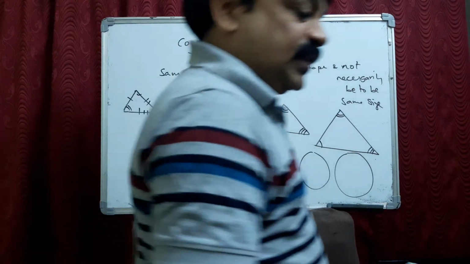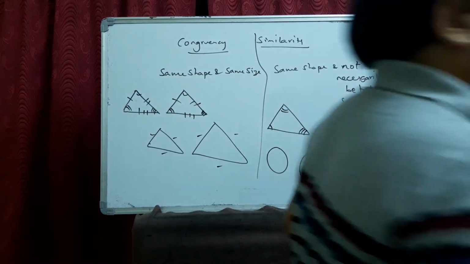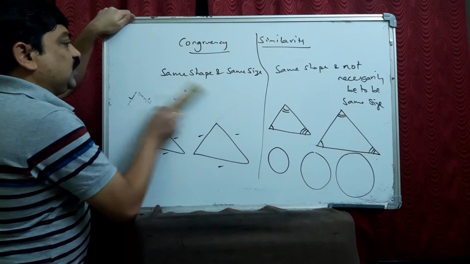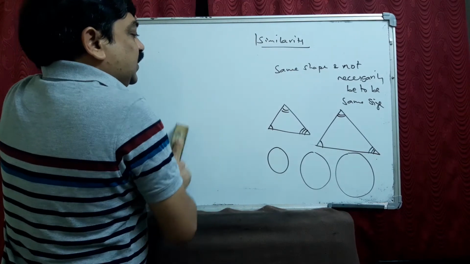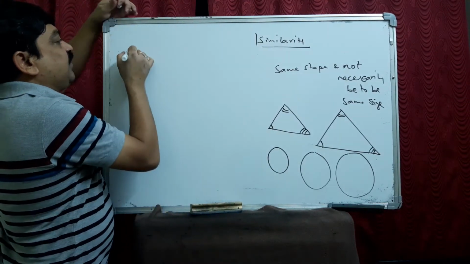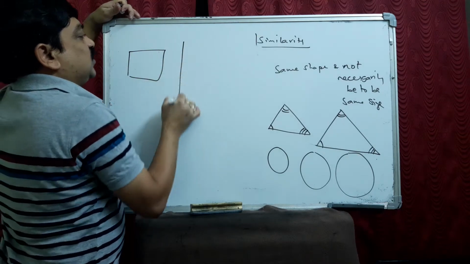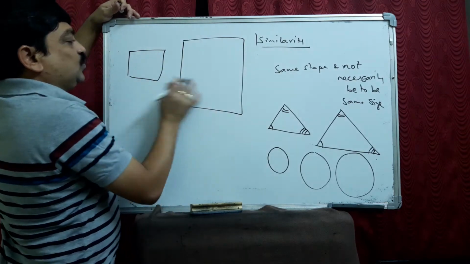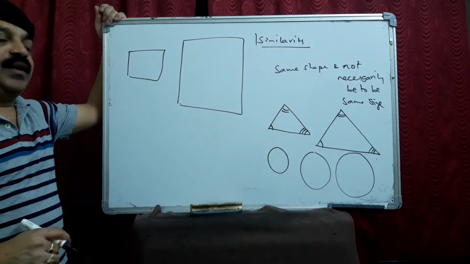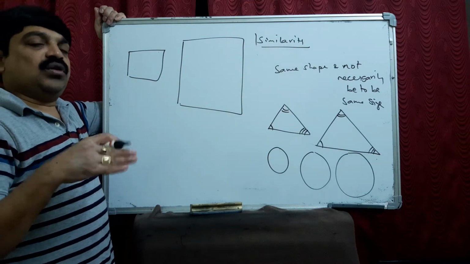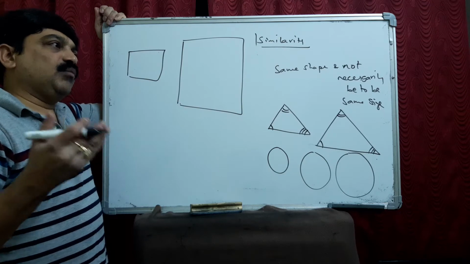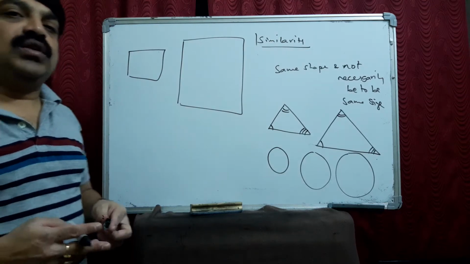And one more property is there for polygons, not only for triangles. Let us forget about congruency. When we talk about similarity, it applies even in the case of polygons. Suppose you take two different figures of the same shape but not of the same size. A polygon means a closed figure.